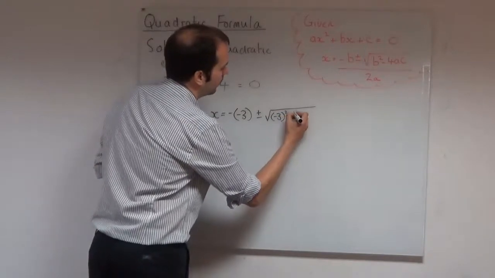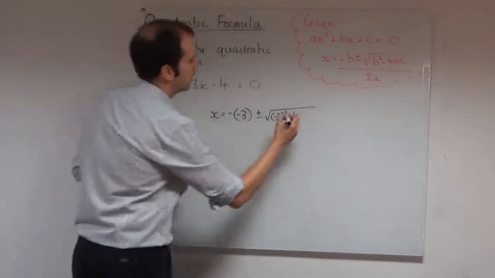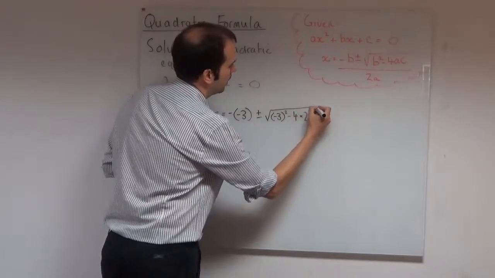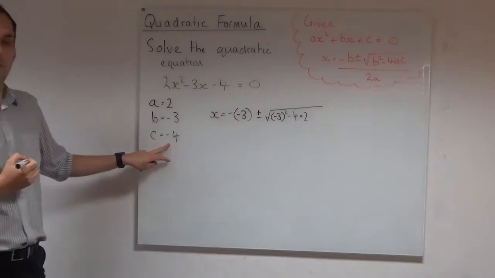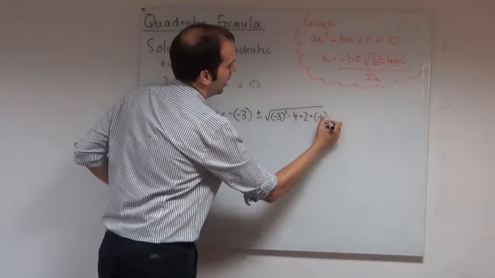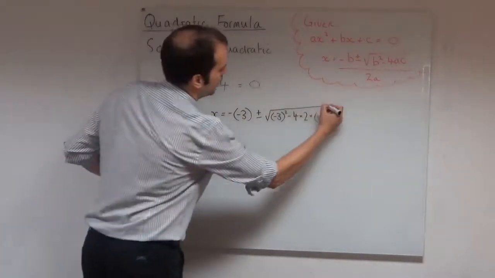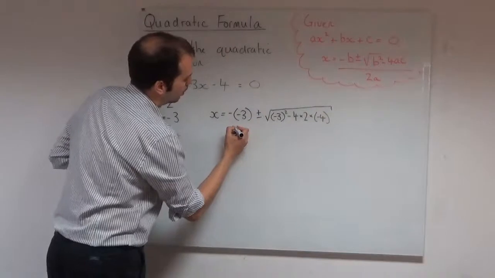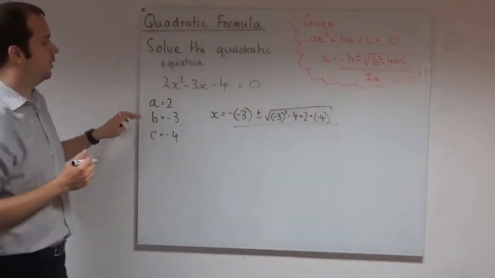And I've got minus 4 times a, which is 2. And then we've got times by c, minus 4. And again, as it's a minus, I'm going to put that in a bracket. And then that is all divided by 2a, so 2 times 2.